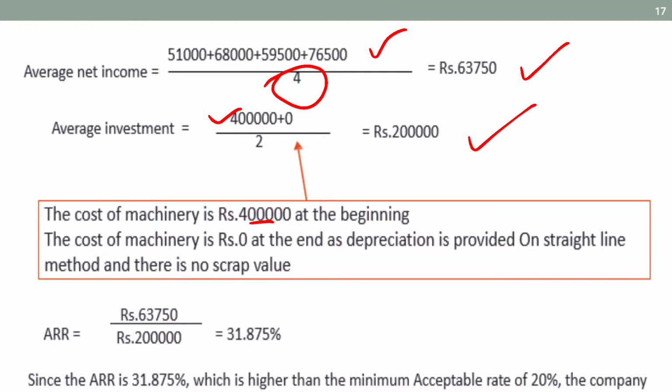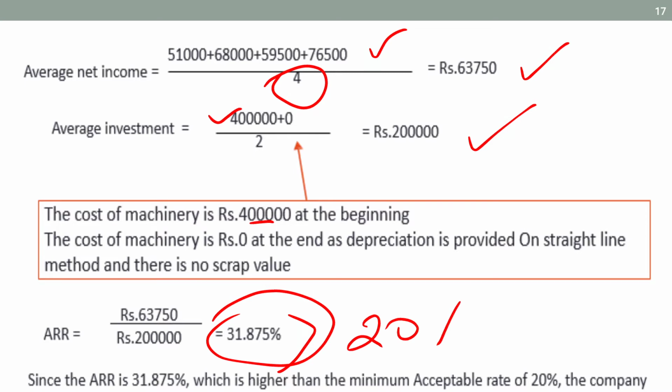Okay, so you are ending up with the answer 31.875%. This is the ARR value, which is greater than 20%. It is greater than 20%. Therefore it is acceptable.